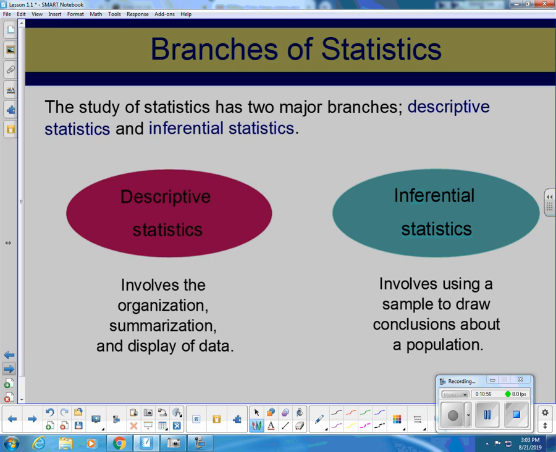So when it's descriptive, it's organizing, summarizing, and displaying the data. And you're describing what you collected. Okay? Whether you're describing it in words or on a chart or a graph, you got the information, you're describing it somehow. Inferential is taking that and then making conclusions about the population. So we have two major branches.